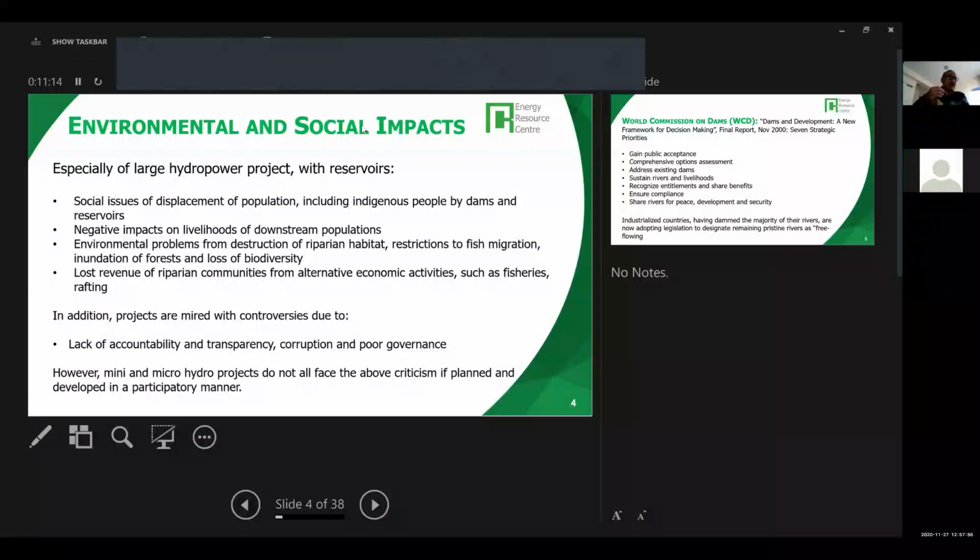So you have to also look at livelihood enhancement activities. You have to look at various social and economic activities to support the displacement of population, and especially indigenous people.